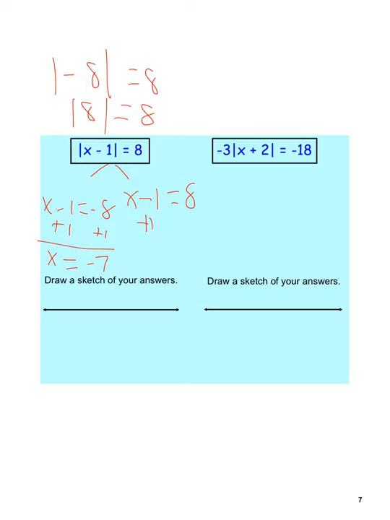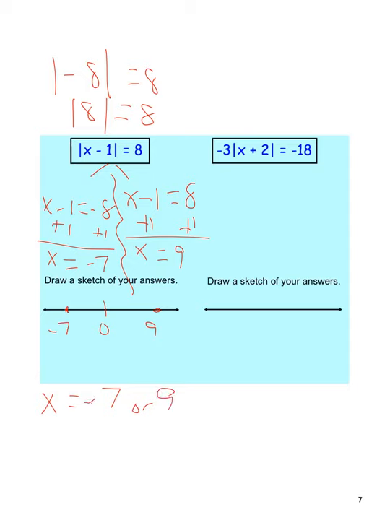Okay, similarly, if I add 1 to both sides here, again, these are two different equations now, I've got x equals 9, which if x is 9, then it's 9 minus 1, which is 8, and so that works out as well. So my answer here, if this is 0, is actually going to be negative 7, or it's going to be 9. Okay, so x equals negative 7 or 9.